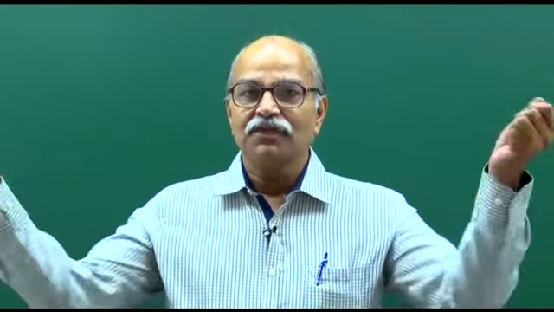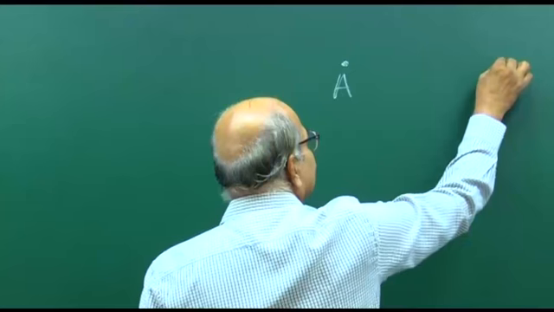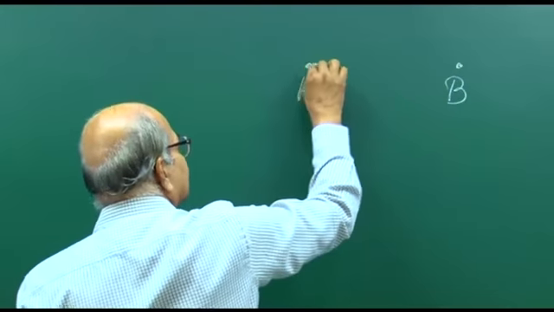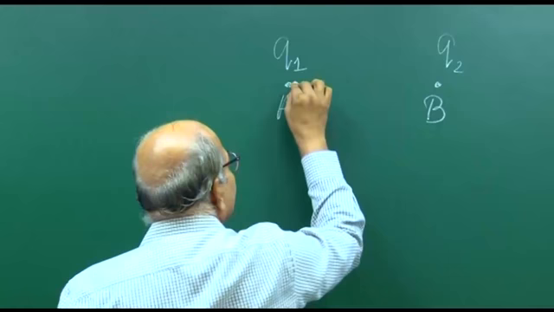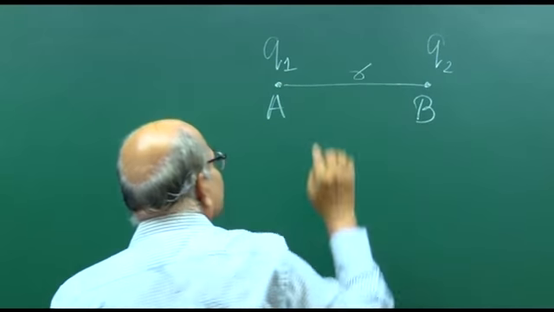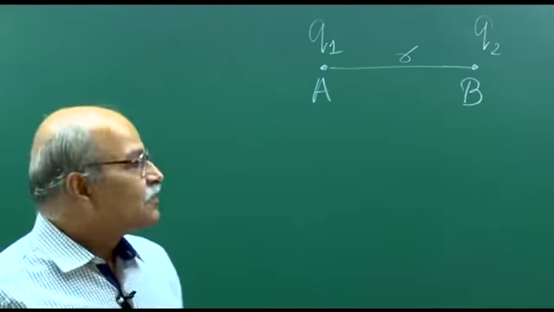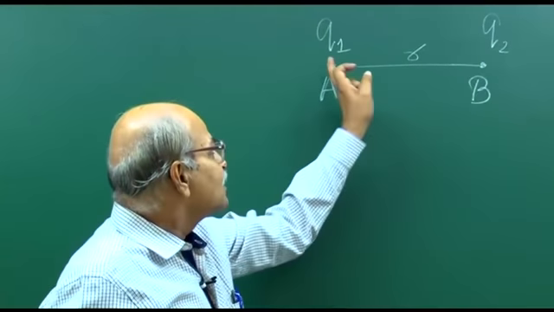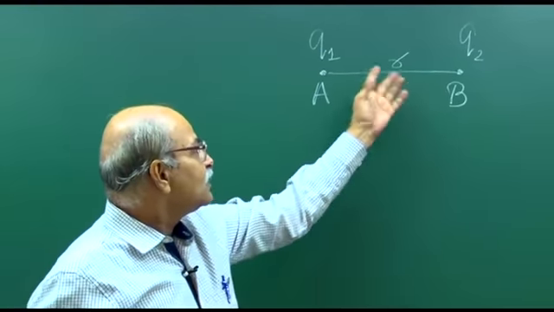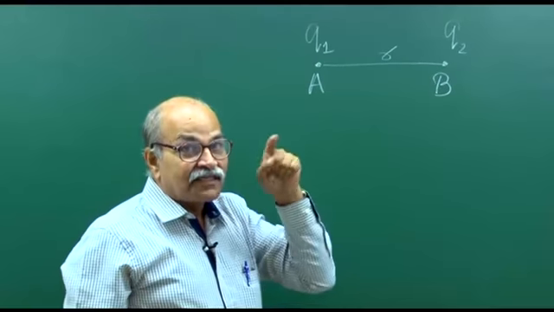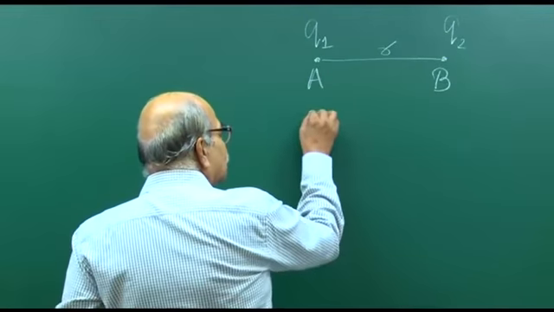If you have two charges on two objects, let us say object A and object B, with charge Q1 here, Q2 here, and the separation between them is, let us say, R. Charges are always placed on some material objects. Here the sizes of A and B are assumed to be much smaller than this separation. That is an important restriction.